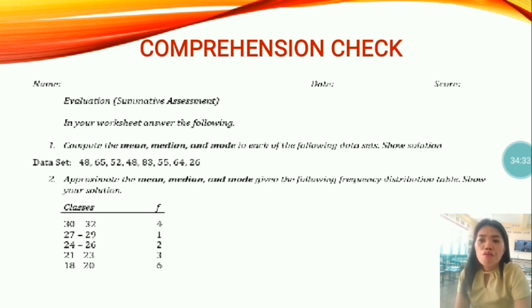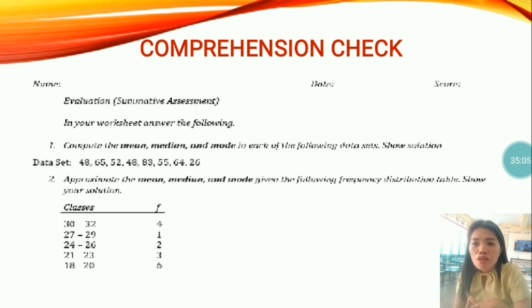Okay. So for number 2, approximate the mean, median, and mode given the following frequency distribution table and show your solution. So you can add the necessary columns, especially if you're looking for the mean, the median, and the mode, for you to get the necessary values so you can make use of the formula afterwards.